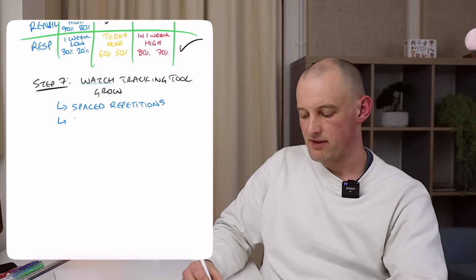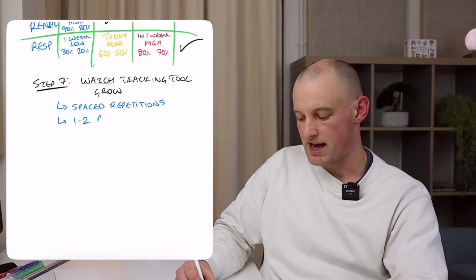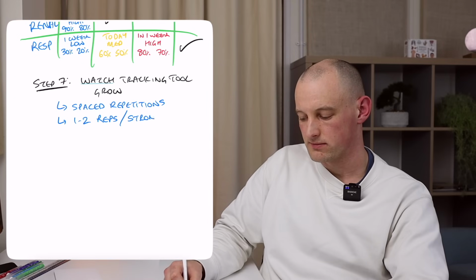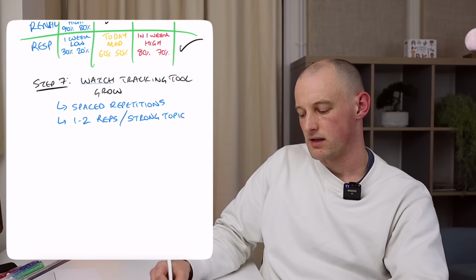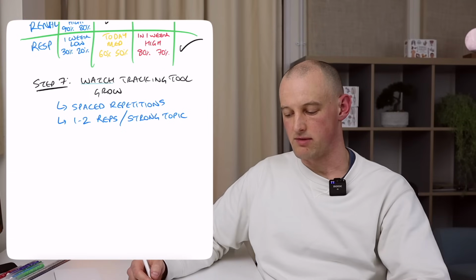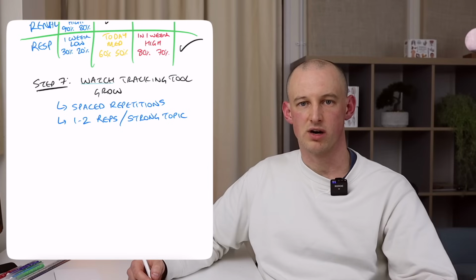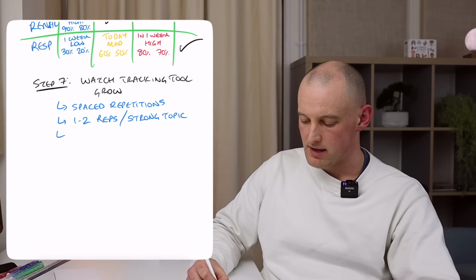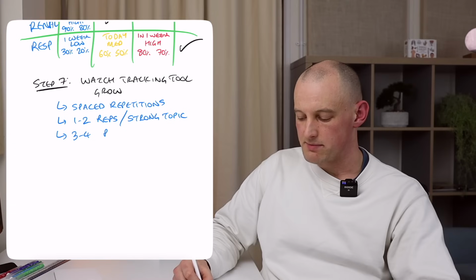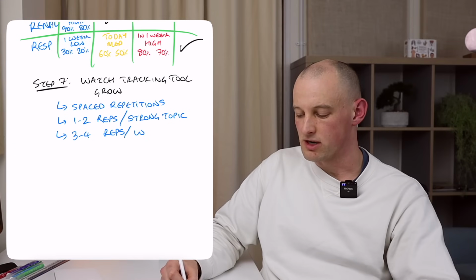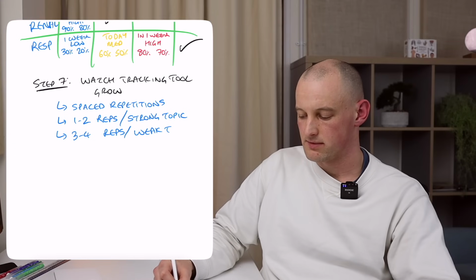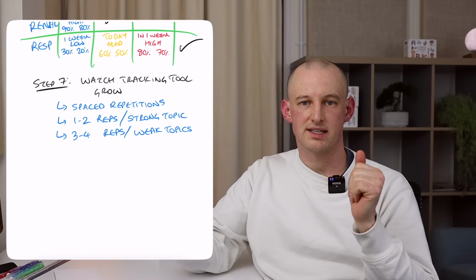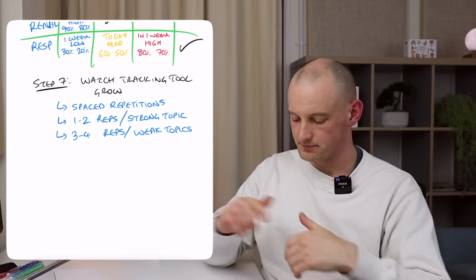You're probably aiming for 1 to 2 reps per strong topic. Something like renal in the last example, where you're very strong, you'd only need 1 or 2 repetitions of that before your exam. And then do 3 to 4 reps of weak topics. That's what you're trying to get through before your exams.